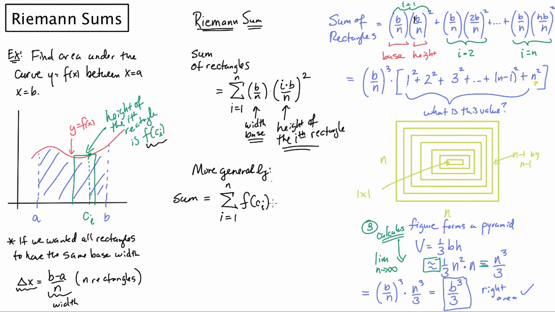Then we have the width of the base, which we're calling delta x. So this is now the sum of the rectangles. This is the general form that the sum of the rectangles takes.